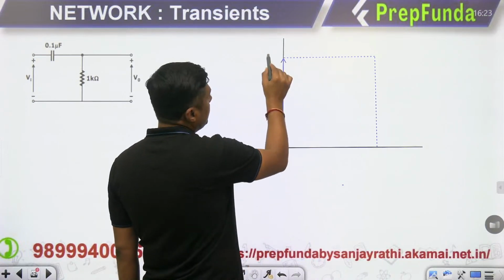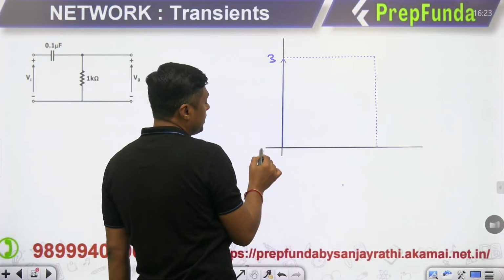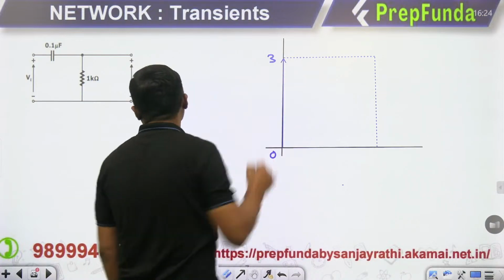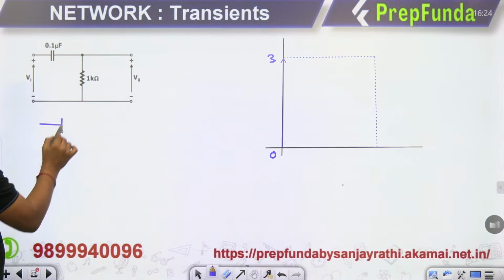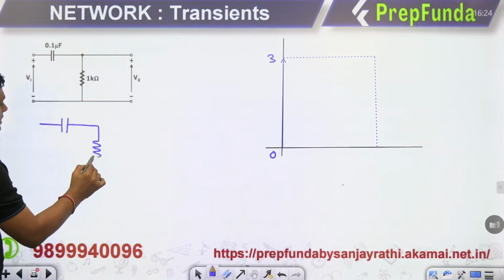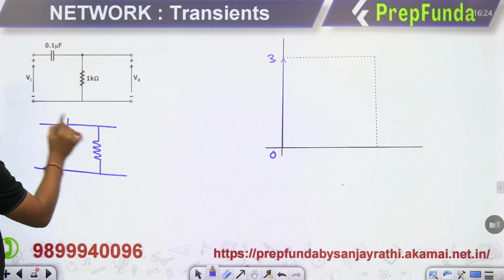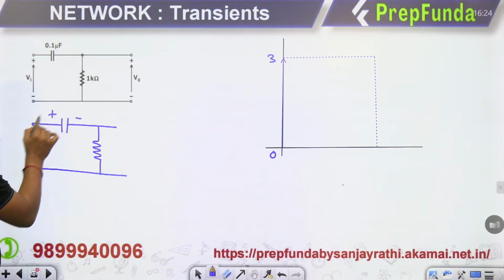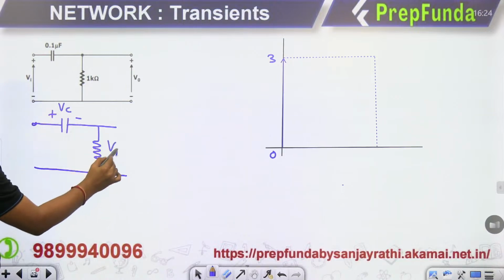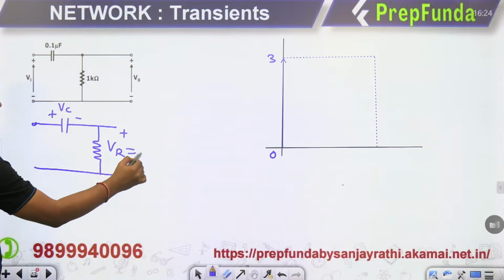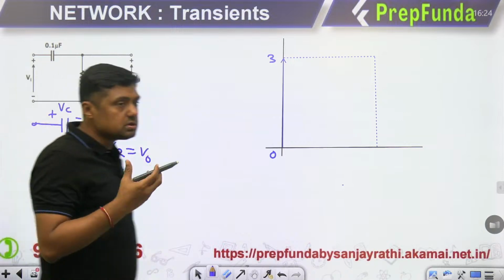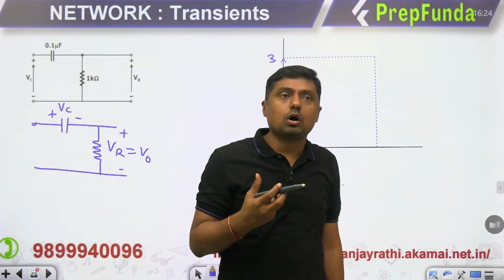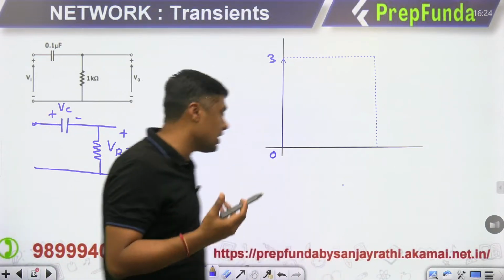When the input increases from 0 to 3 volt, the output also increases from 0 to 3 volt, because we are taking the voltage across the resistor. Now, what will happen? The capacitor starts charging. The voltage across the capacitor will increase, and the voltage across the resistor will decrease. And because the time constant is very, very small, the capacitor will charge suddenly.